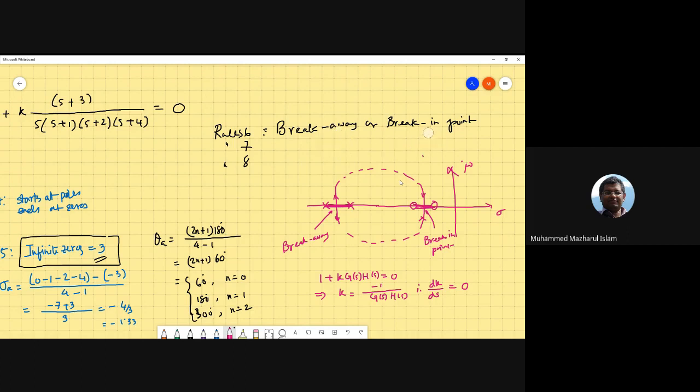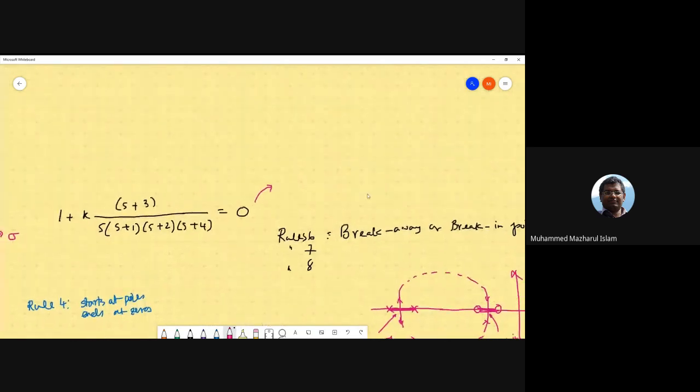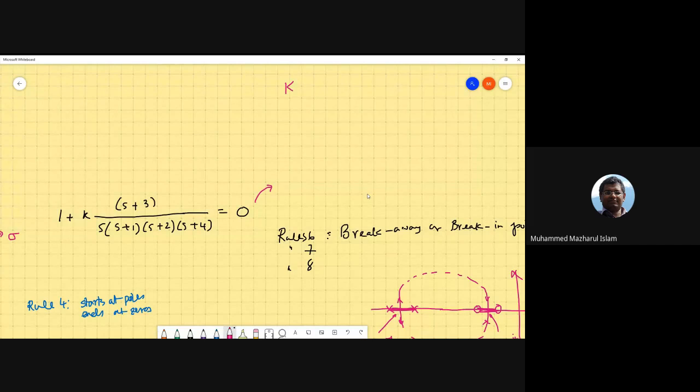Let's do this for the transfer function that we have here. Now if I rearrange this transfer function in terms of k, it will be k equals to, is it okay if I jump 2 steps, or do I need to do this in detail?